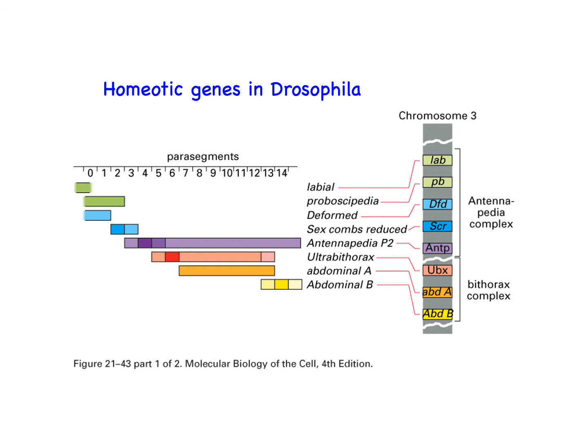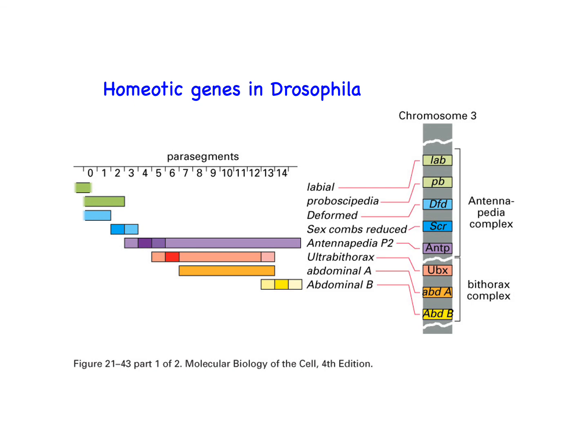But the other interesting thing is they're expressed in the same order that they appear on the chromosome. You can see the expression patterns here on the left, with the segments or parasegments shown at the top, and where these different homeotic genes are expressed along the anterior-posterior axis.